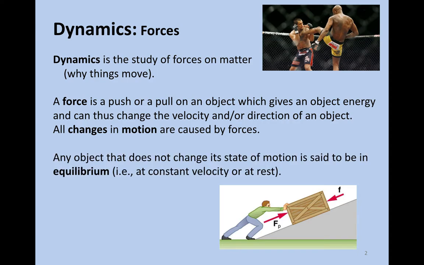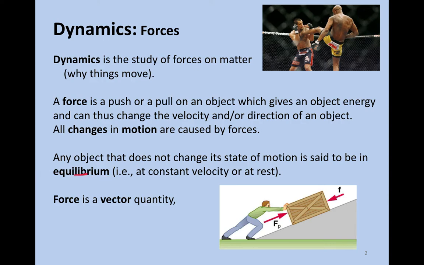Now, if an object doesn't change its state of motion, whether it's at a constant speed or velocity, or at rest, which is also a constant velocity of 0, then we say the object is in equilibrium.